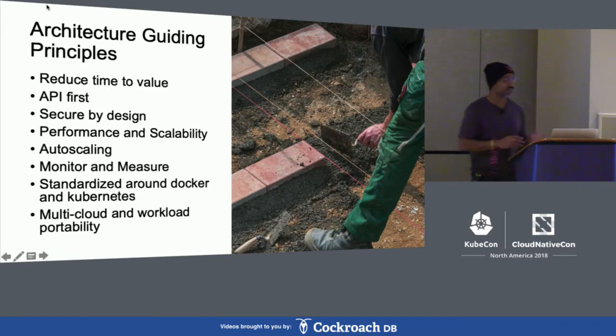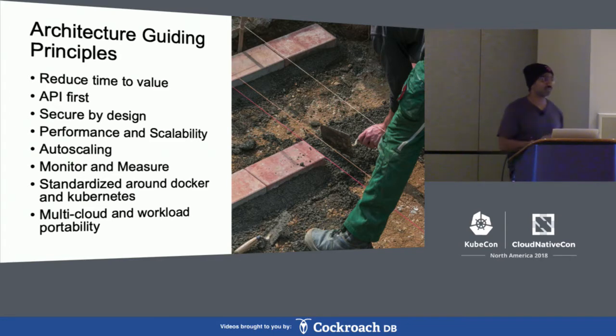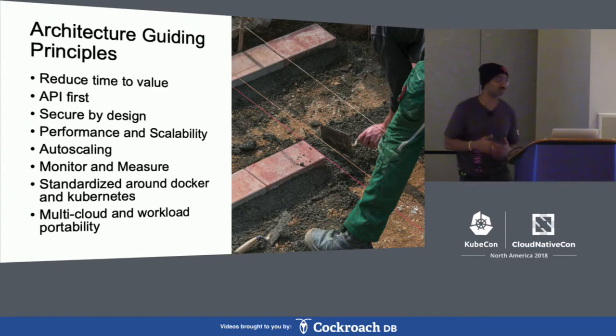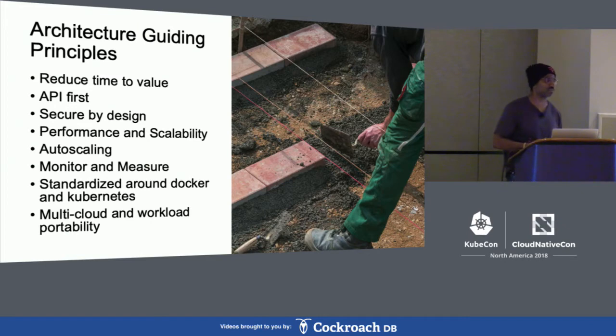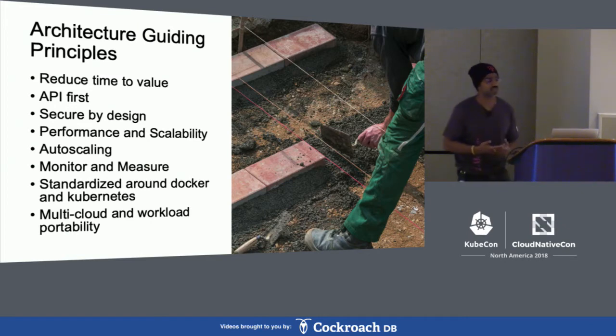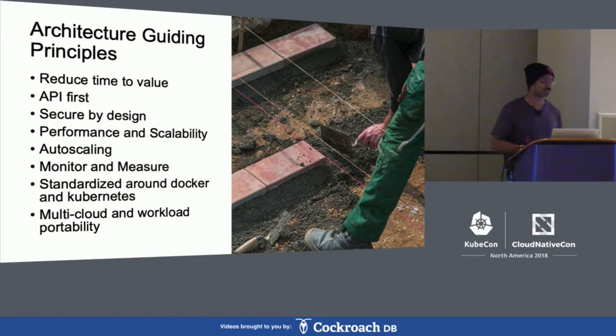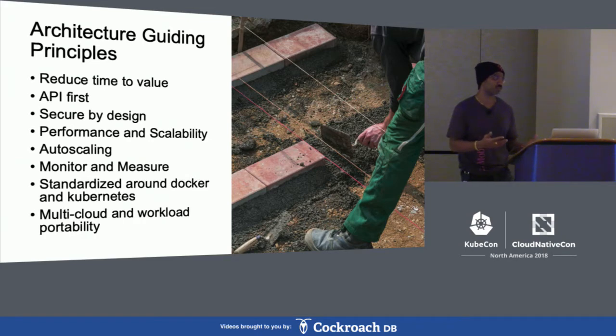These are the common architecture guiding principles that we go by. Reduce time to value, that's the number one. As I said earlier, we need to ship things faster to production. Everything we do, we build it as APIs. It needs to be secure by design. We also have performance and scalability goals. For example, we have 100 million plus customers.